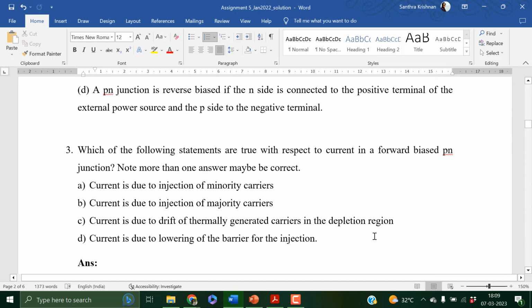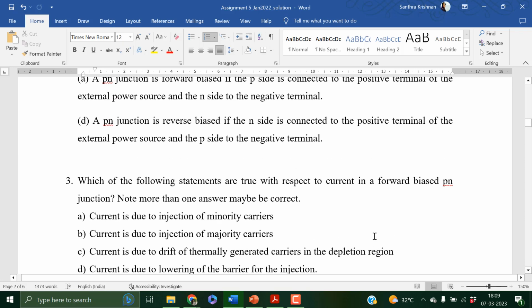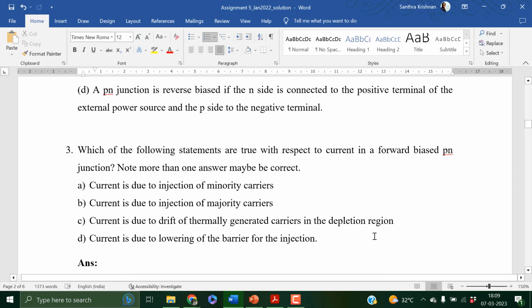So next is, which of the following statements are true with respect to current in a forward biased PN junction? Now we know what forward biasing and reverse biasing are. Out of these four options, which of the following will be true for a forward biased PN junction?